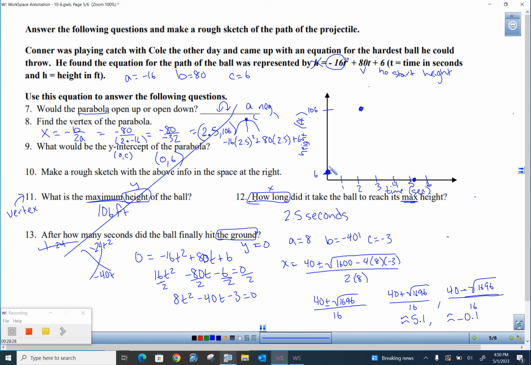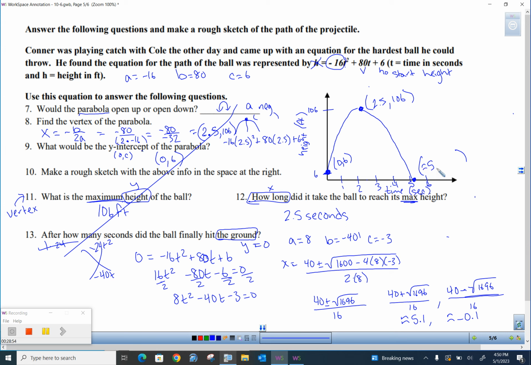And now we can see the path of our parabola a little bit nicer. Okay. So here, this was our 0, 6. This point that we found on the y-intercept. This was my ordered pair of the vertex, which was 2.5, 106. And this last answer was my x-intercept that applied.